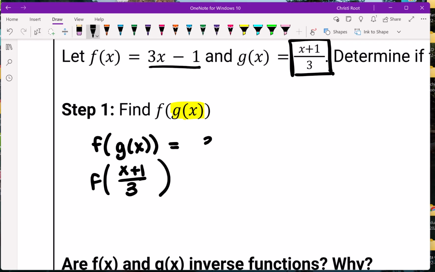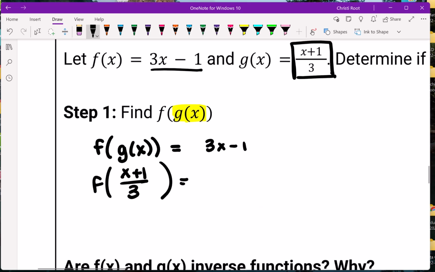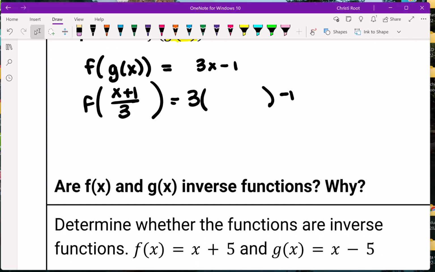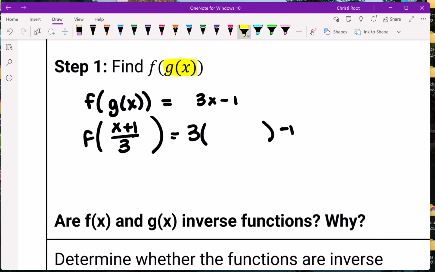The f function is 3x minus 1, but this time, instead of writing x, I have to substitute that gigantic function for x. So just to be clear, this function right here is now going to go here, all of it.